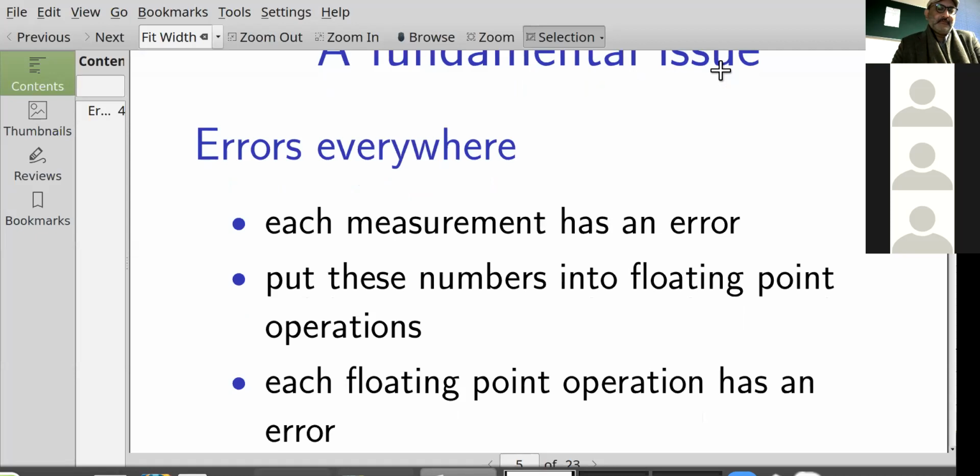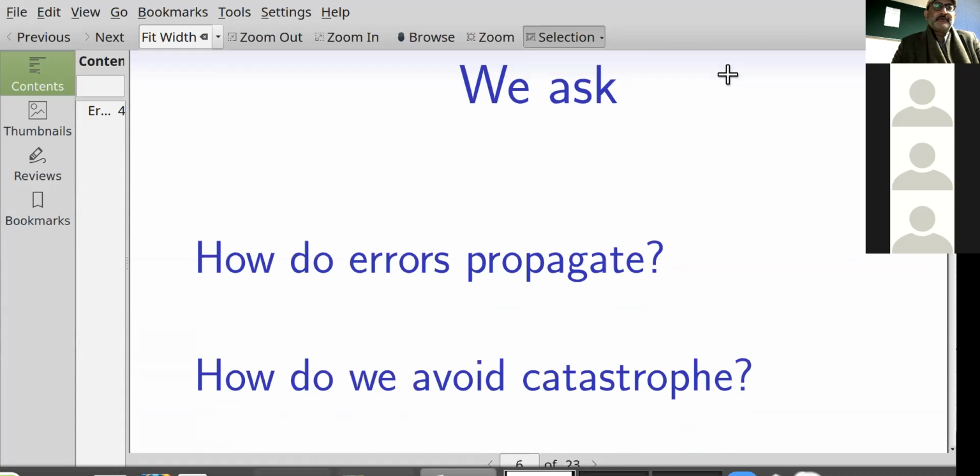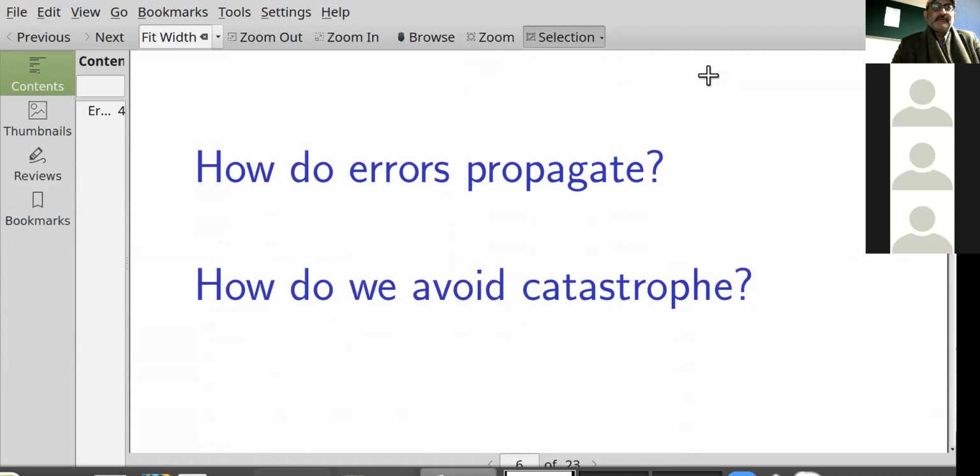And if we understand that enough, maybe we can understand how to minimize or limit these errors. Okay, so we want to see how errors propagate, and we want to avoid catastrophe. So we'll do a few examples in this course, and we'll show how, if you're not careful about how you handle error, you can get really catastrophically wrong results.